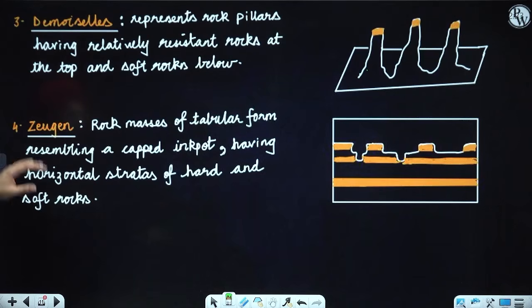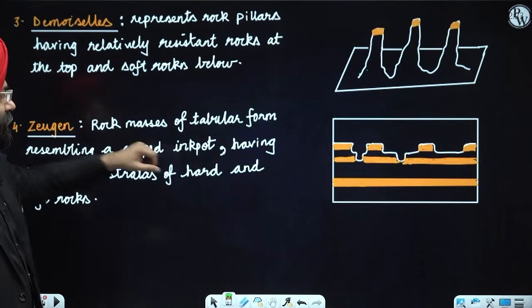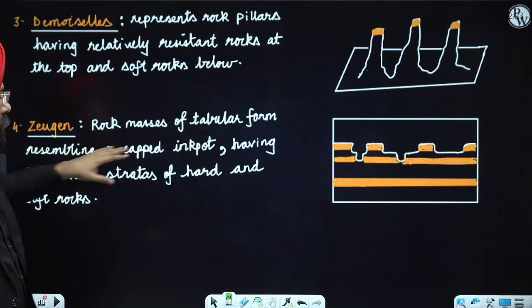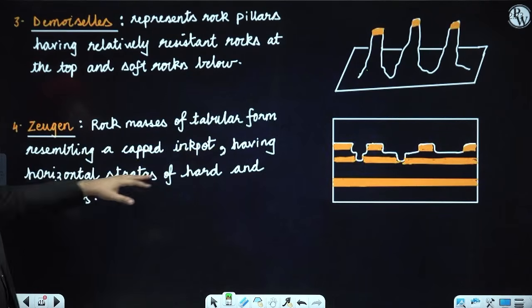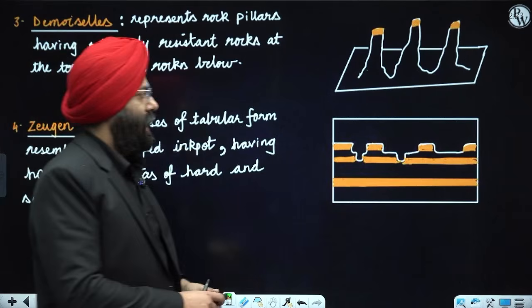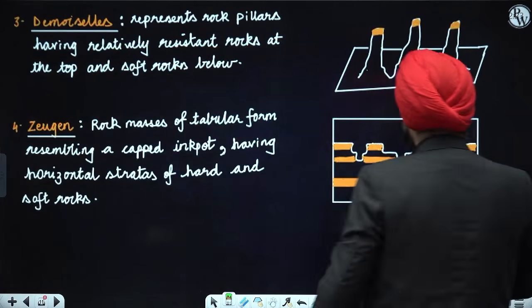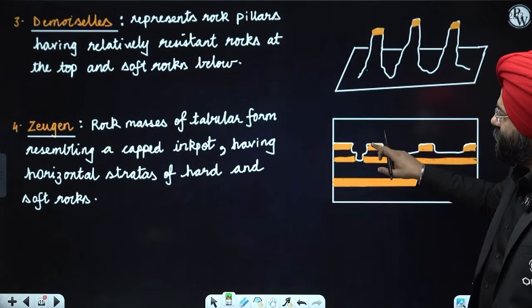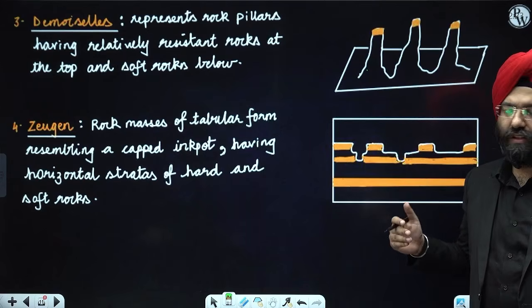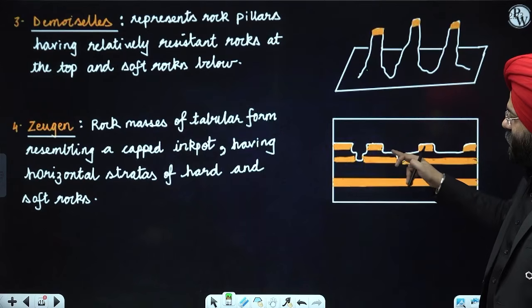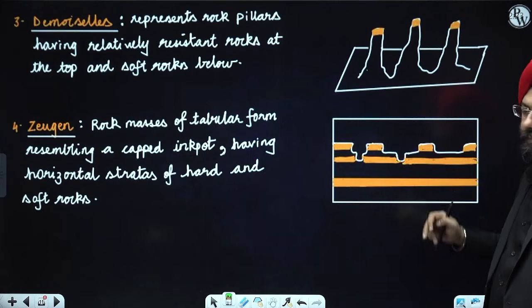Now, next is Zeugen. A rock mass of tabular form resembling a capped ink pot, having horizontal strata of hard and soft rock. Sometimes, due to the relative erosion because of the hard and soft nature of the rocks, these ink pot-like structures are formed.